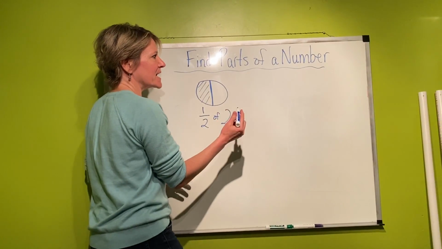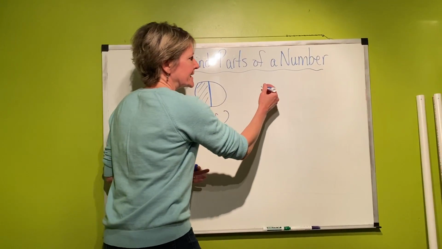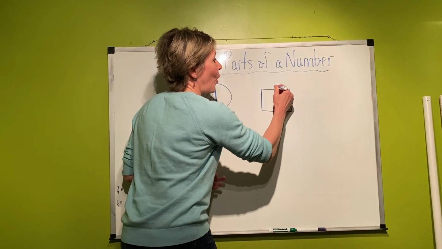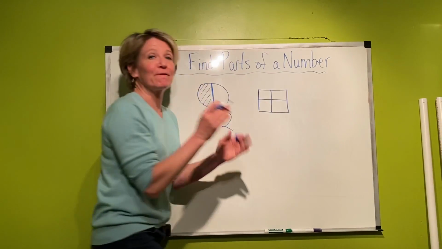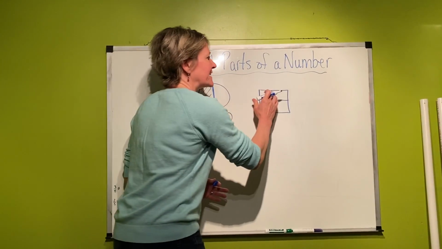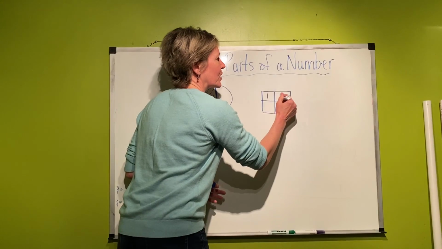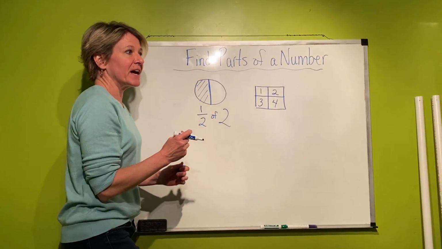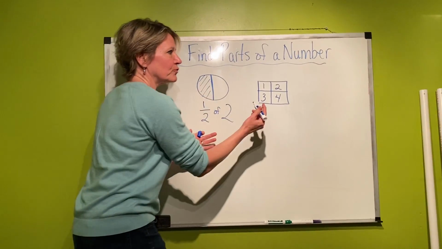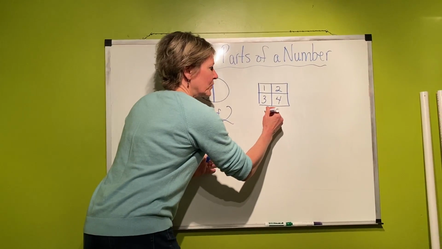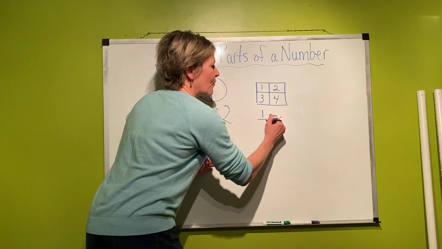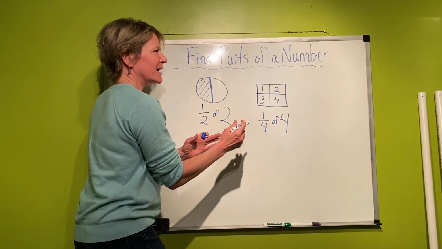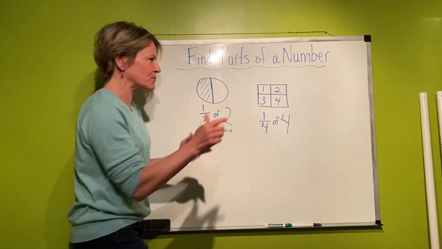Or what if I said, we wanted to play four corners, and we divided the classroom into four areas or four corners. And if I said, how many corners would 1/4 of all four be? At first that sounds strange, but listen again.